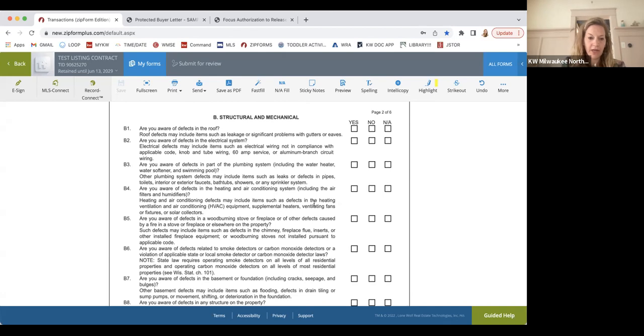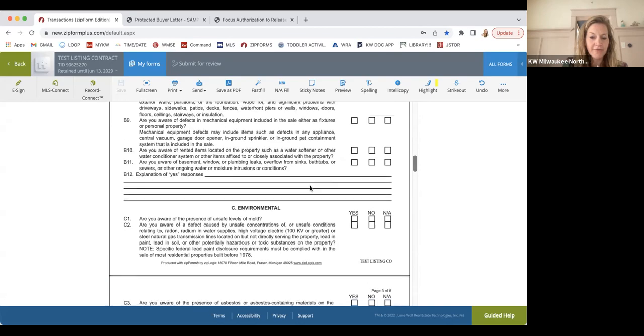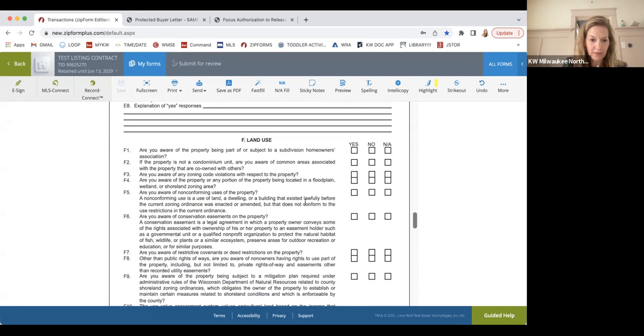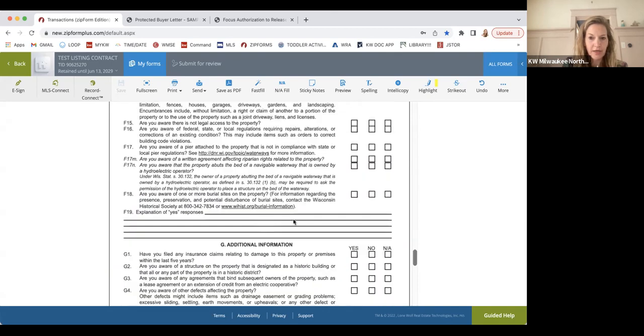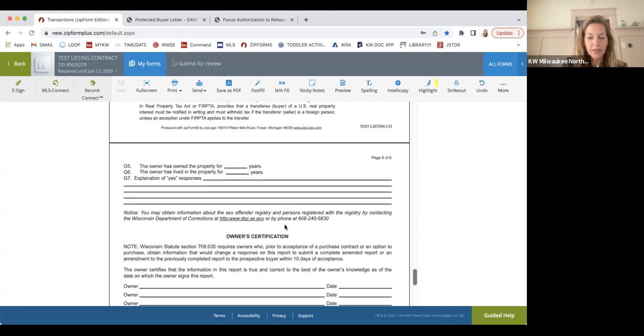And part of our job with the real estate condition report, we have very few responsibilities when it comes to the real estate condition report, but we as listing agents are able to go through and make sure that every single question has been answered somehow. So that is very important. If you see any questions that are missing, then we need to return it back to the seller and say, can you please answer this question?